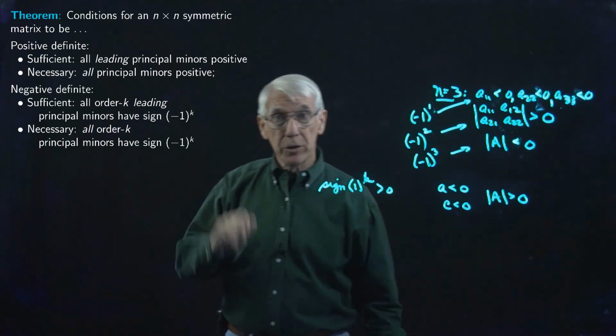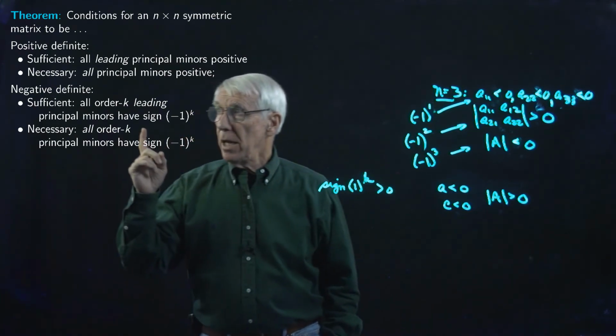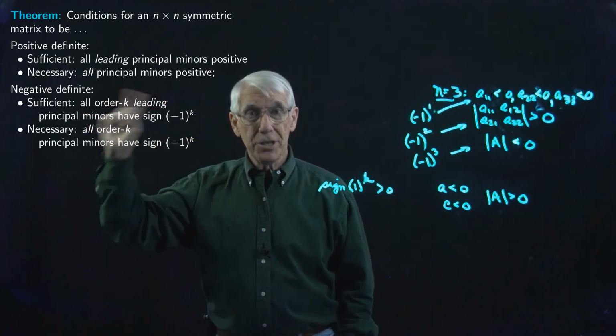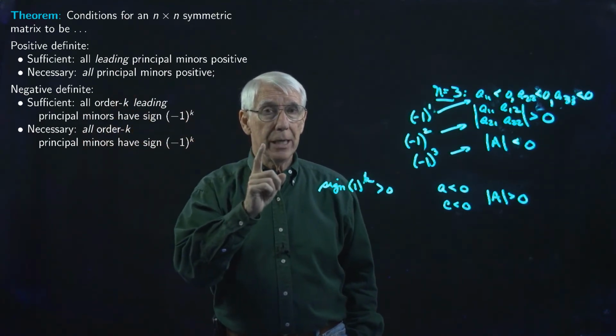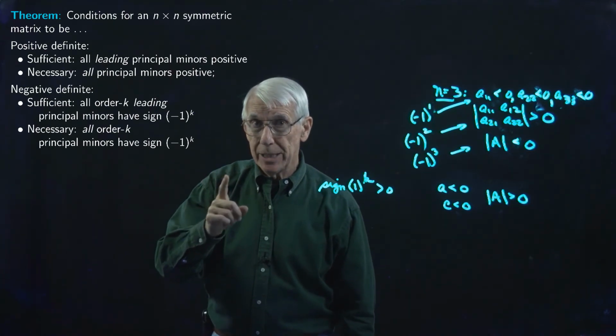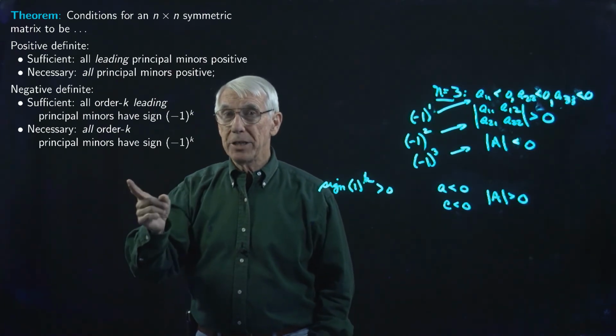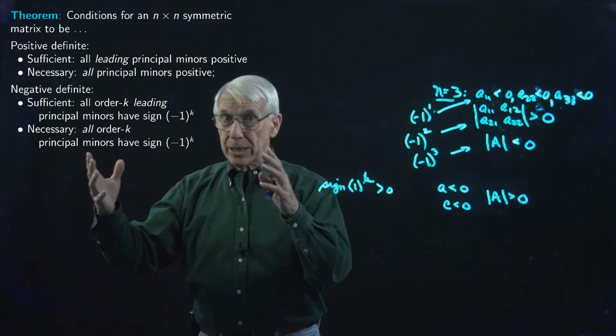We now have a theorem that gives us both necessary and sufficient conditions for a quadratic form to be positive definite, negative definite, and we've already seen that positive definite is the same as strictly convex.